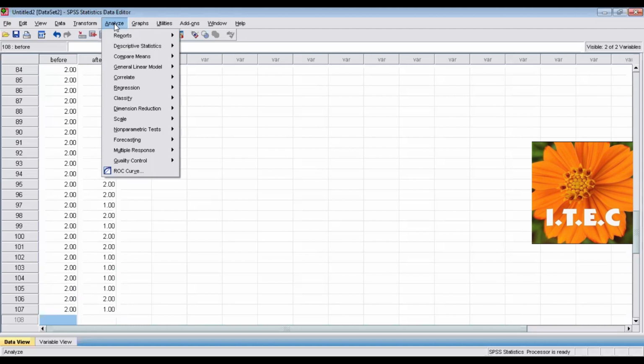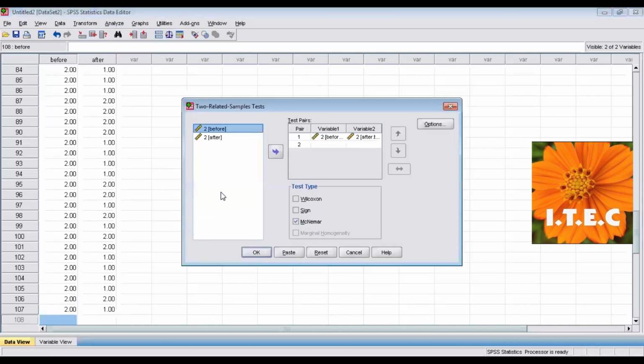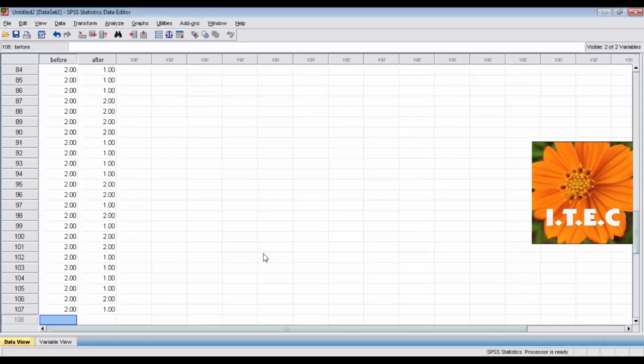Let's go to non-parametric, then go to two related samples. If you want to remove them, you can remove them, no problem at all. McNemar is already active, so you say this.